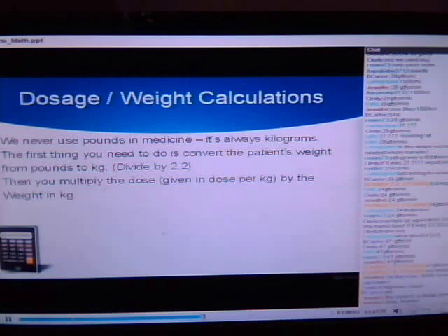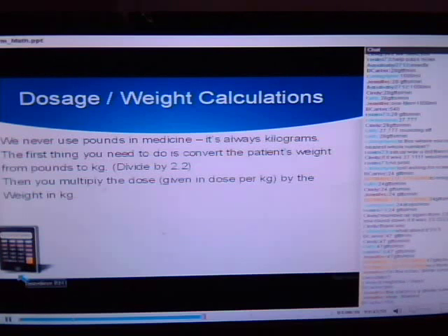So, for example, Solu-Medrol, 1.5 milligrams per kilogram, is ordered for a child weighing 74.8 pounds. So, right off the bat, we know that we have to change the pounds to kilograms, so the kilograms is going to be less than 74.8 pounds. So if it's more, then you just got it backwards, all right?